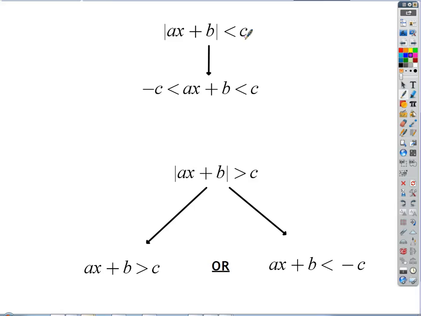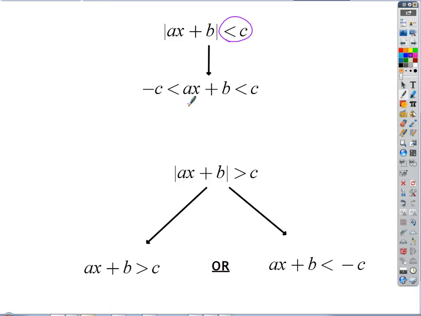Just like before with absolute value equations, we're going to trade the absolute value inequality for two regular non-absolute value inequalities. But when the absolute value is less than a number, we get a compound inequality that's bounded on both ends. Technically we call this a conjunctive compound inequality, or an "and" compound inequality.